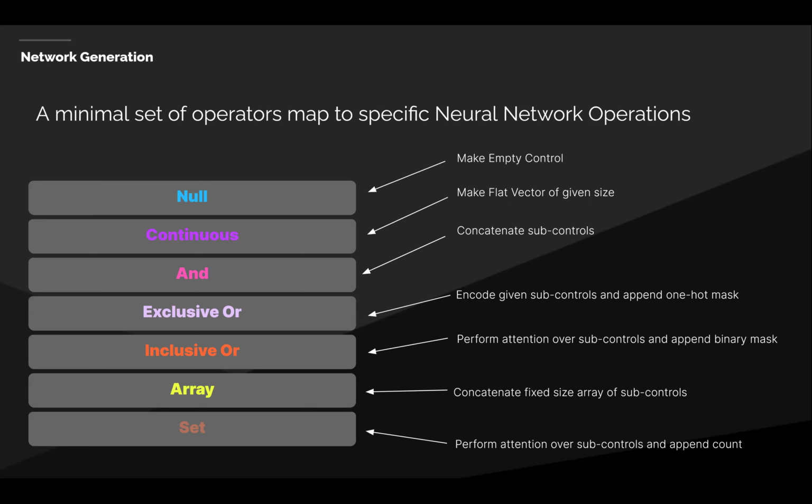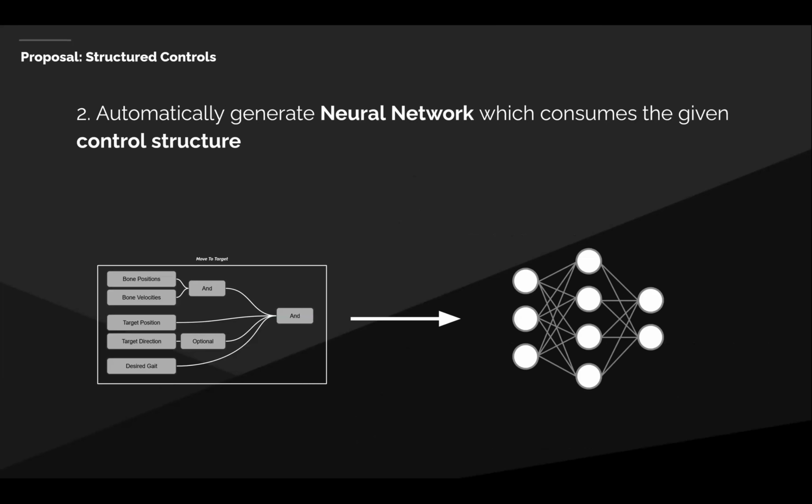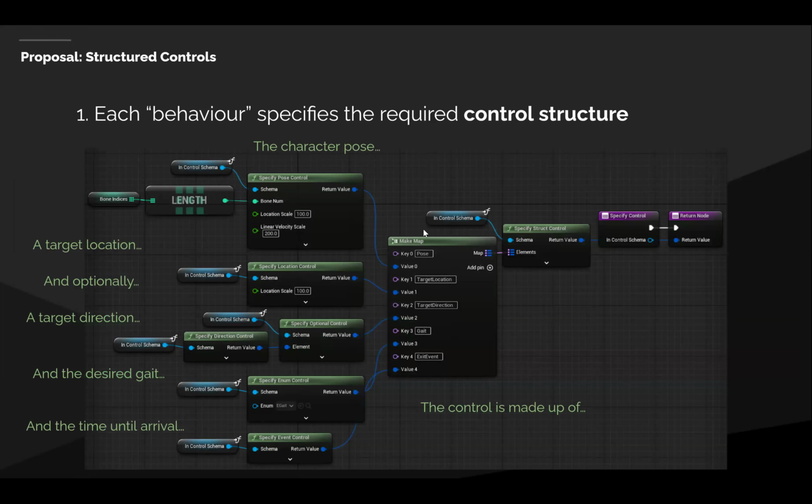So the basic way this works is that there's a kind of minimal set of different operations. And all of these different nodes here, we can basically define in terms of this minimal set of neural network operations, like concatenation or doing a matrix multiply or whatever.